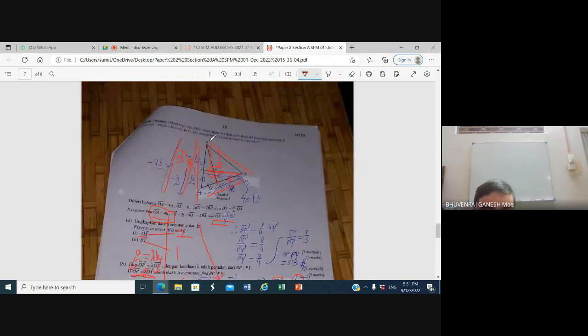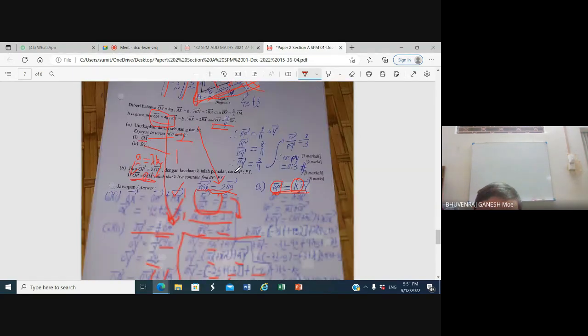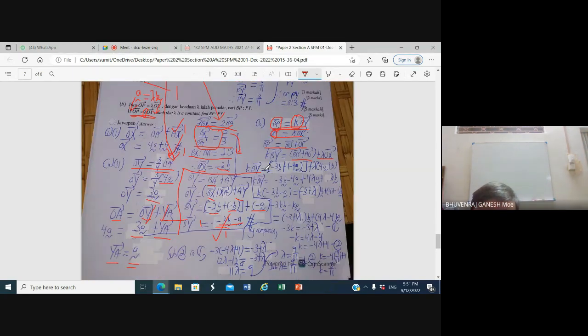It means you have to go this way and then this way. Complete the triangle, this large triangle here. You can see, right? Okay. So BP I told on top here is K BY, right? So I put K BY equals here. Then I sub here. And then this one is your normal plus already. Don't make mistake here. Go here. And then finally you will get this part here.